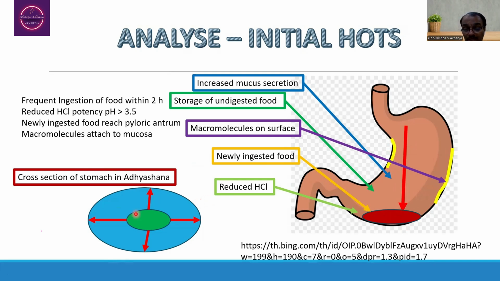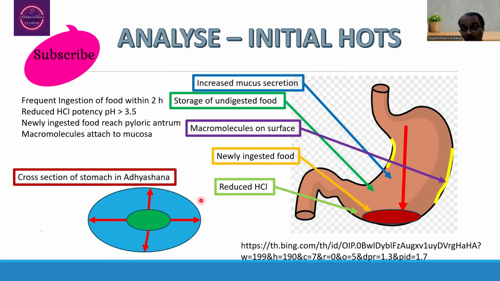Suppose this is the cross section of the stomach, and this green part is the newly ingested meal, which is responsible for displacing the macromolecules or intermediate molecules already present in the stomach towards the periphery.